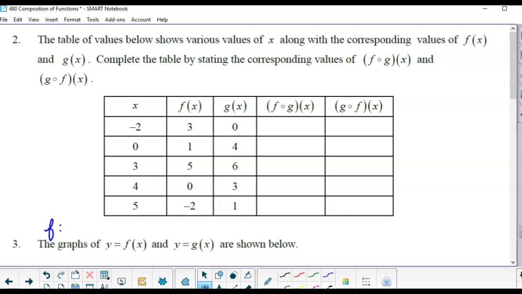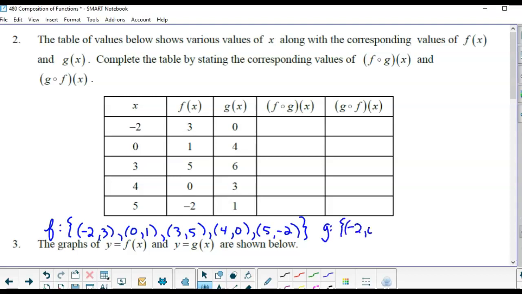So for example, f would be (-2, 3), (0, 1), (3, 5), (4, 0), (5, -2), and g would be (-2, 0), (0, 4), (3, 6), (4, 3), and (5, 1). Okay, that's really what that's meaning.